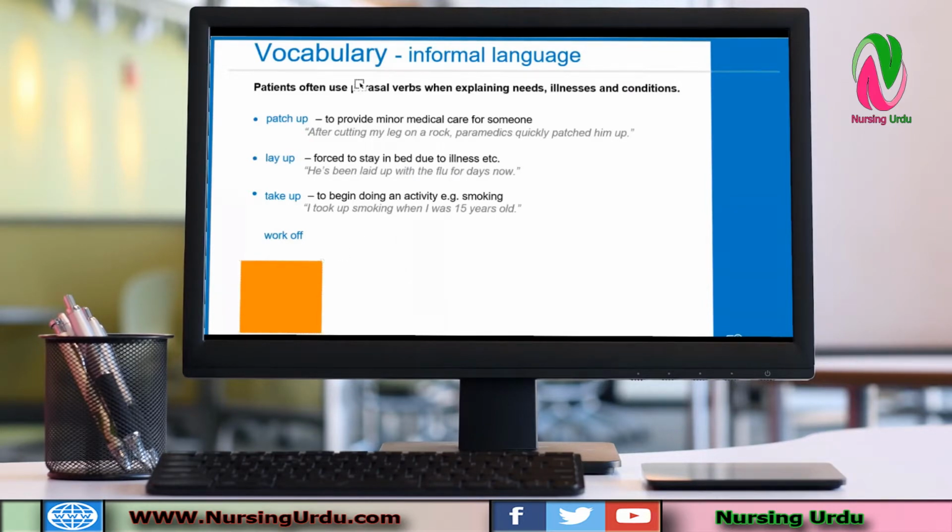To work something off. What might a patient be referring to here? Sandra, I hear what you're saying, but it's not quite the right way of expressing it.